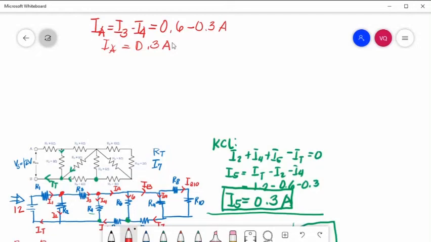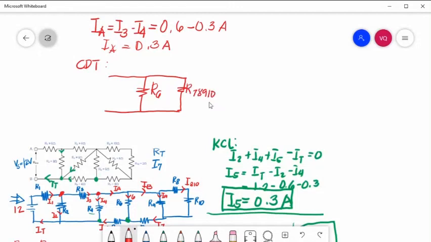Solving for I6, again using CDT. Let's redraw. This is our R6, and this one is the combination of R7, 8, 9, and 10. This current is our IA.